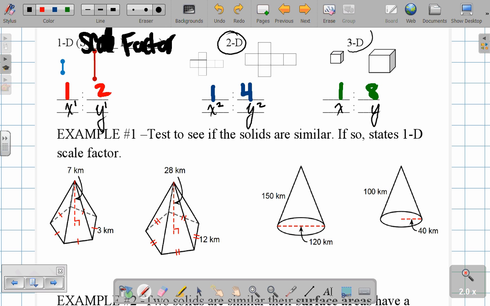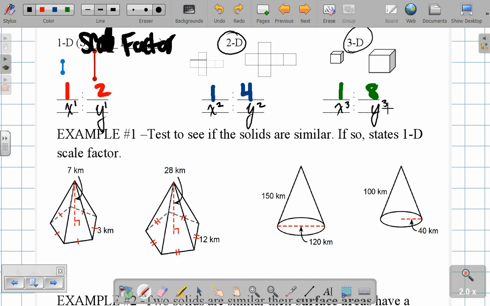Great. Third dimension, you cube the ratio. 1 times 1 times 1 is? 2 times 2 times 2 again. Nice job. Okay, so watch, guys. When you change dimensions, you change ratios.